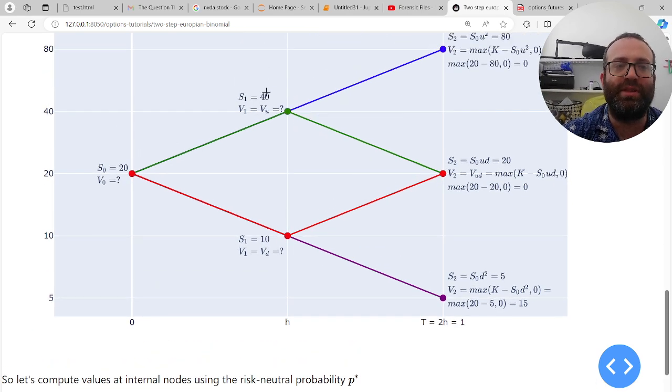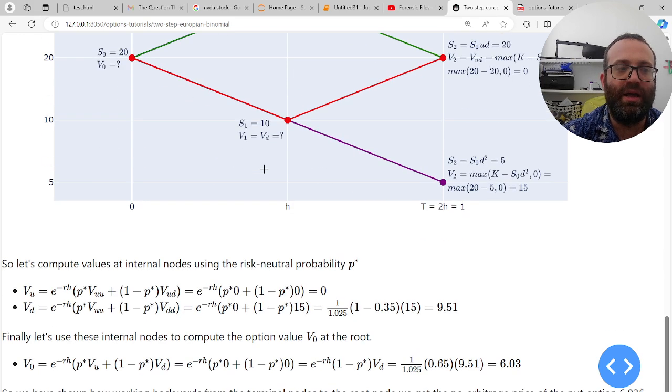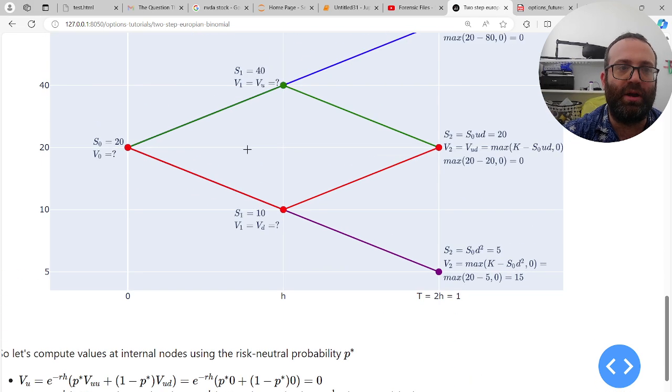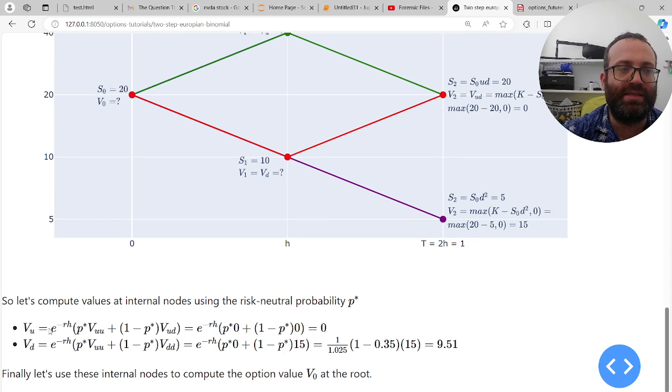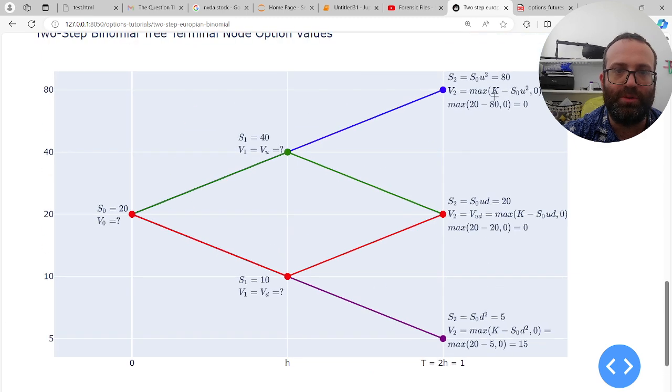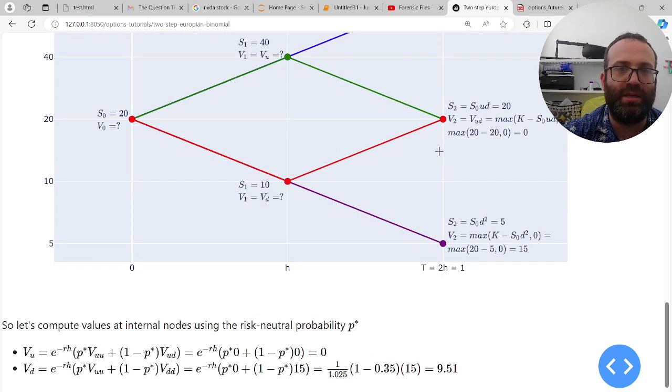Let's first do the easy step, this internal node. I have it as V1, the option at time 1, equals VU because it went up. It's the discounted, so e to the negative rh, times this risk-neutral probability, P star, times VUU if you went up twice, plus 1 minus P star times VUD if you went up and then down. Both of those are 0, so the value at this node is 0. Now, what is VD if you go down the first time? We do the discounted expectation under that P star.